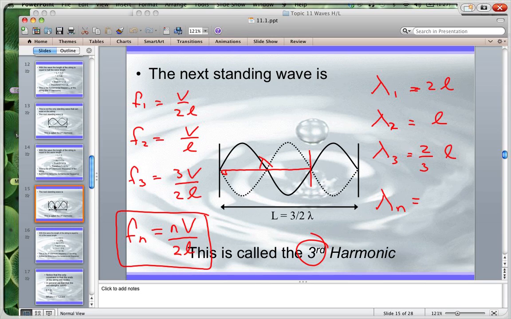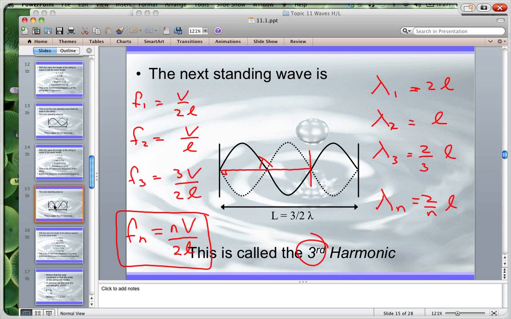Two over n, L. Let's check it out. When n is 1, it equals 2L. When it's 2, the 2s cancel out. When it's 3, it's 2 divided by 3, L. So there is our harmonic series dealing with both the frequency and the wavelength.